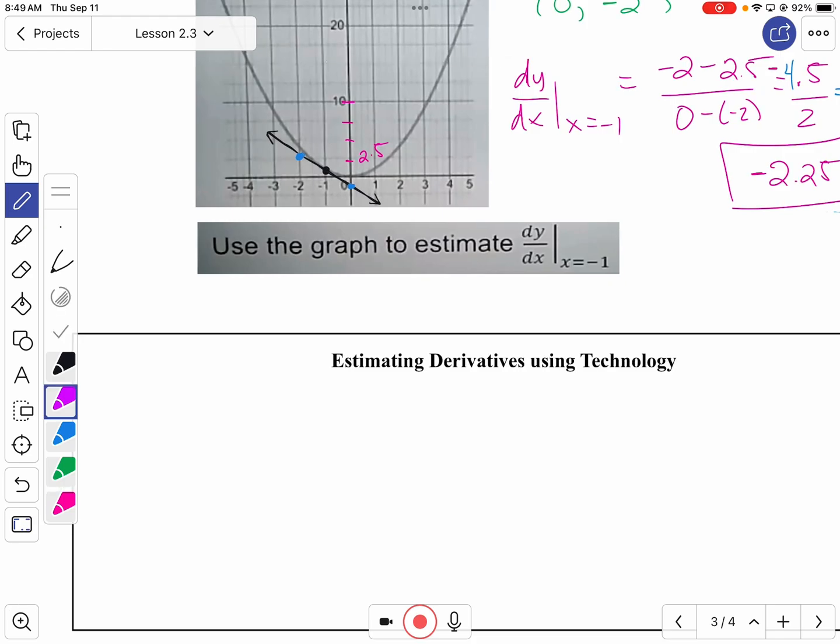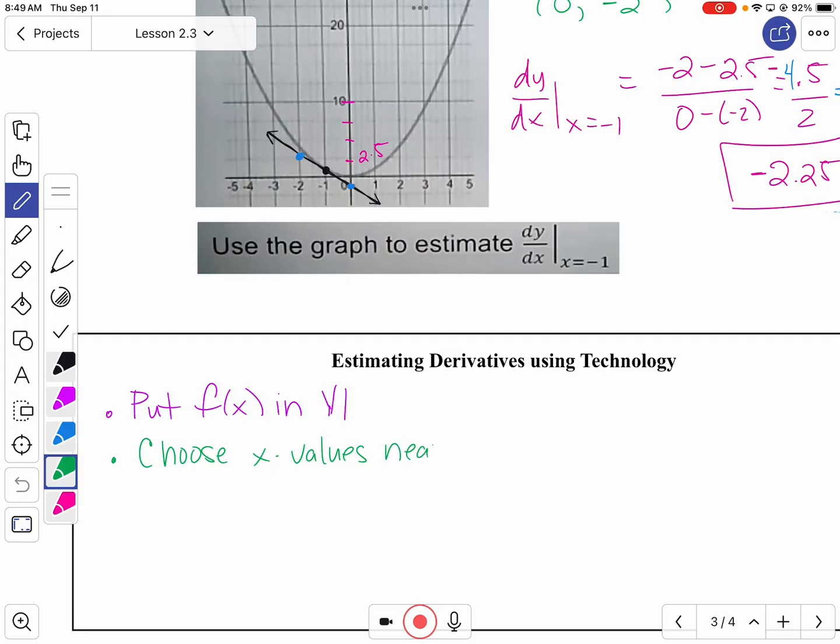We're going to actually put the function in y1. And then we're going to choose x values near the value x equals a.